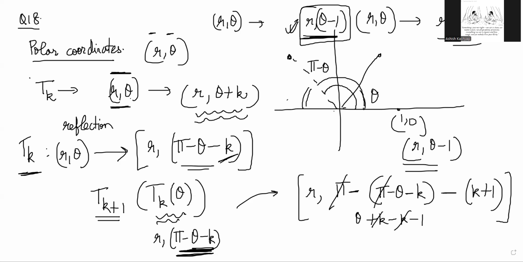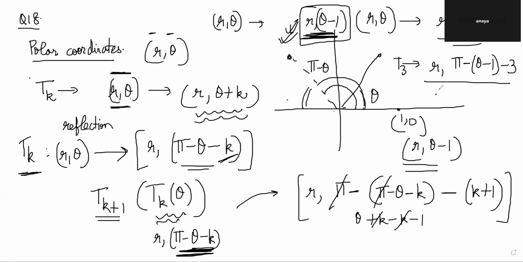Basically it's a weird situation where if I apply T3 to this, then it will matter what will happen, no? Because T3 to this would become r comma pi minus theta minus 1 minus 3, right? It is becoming pi minus theta plus 1 minus 3, so minus 2, right?